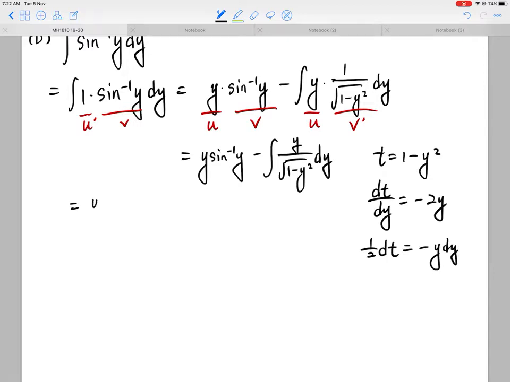So it's y sine inverse y minus, it changes to plus, the integration of half square root of t dt. Just try the substitution method.